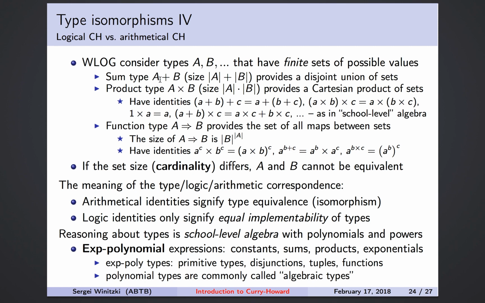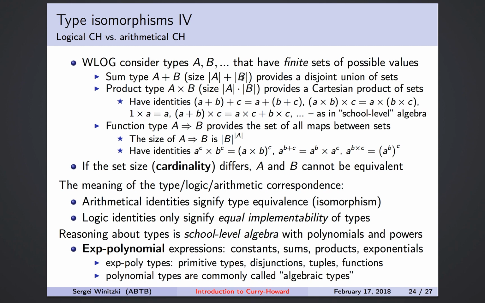This is because a value of the disjunction type is constructed as either a value of the first part or a value of the second part, and so you cannot have both together. And so obviously the number of different values is just the sum of the two sizes.